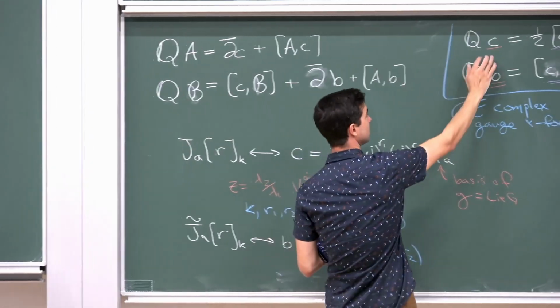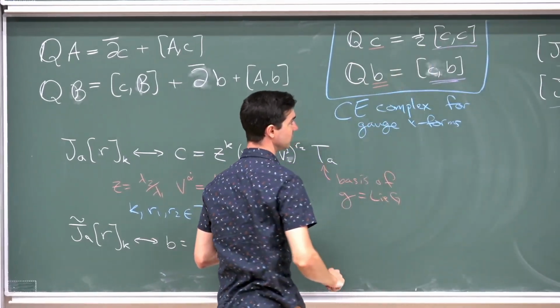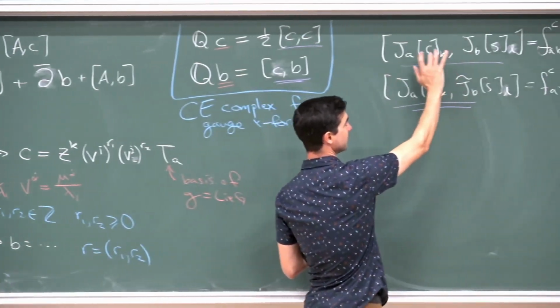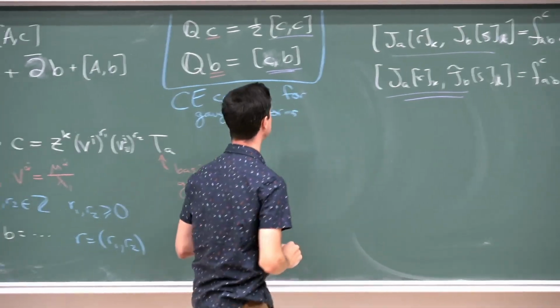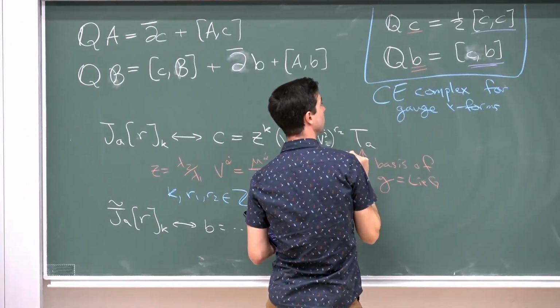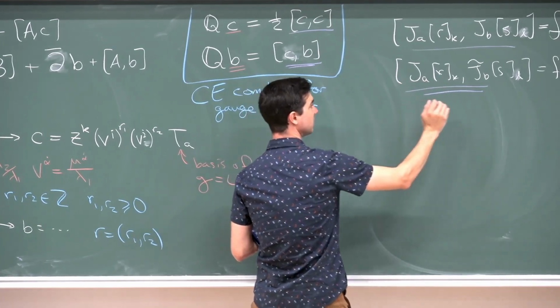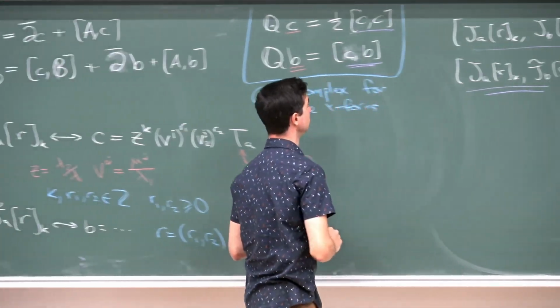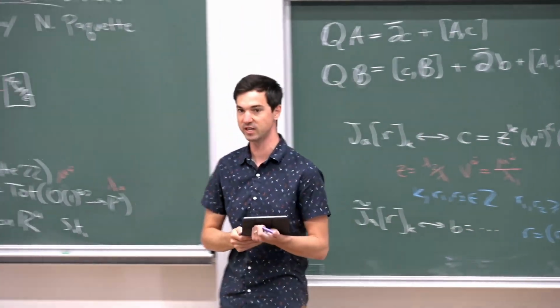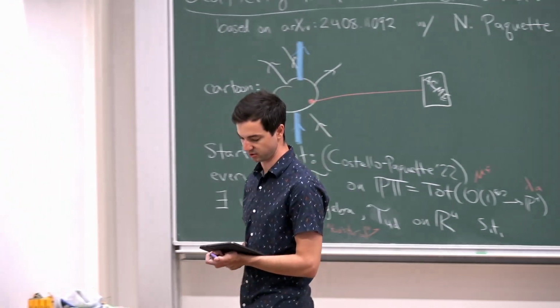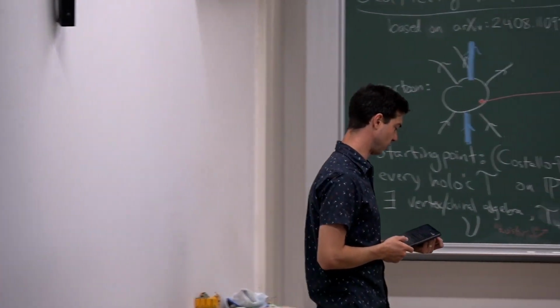So the fact that C transforms into the bracket of two C's is precisely a statement that two J's bracket to a J, and the fact that B transforms to a bracket of C and B says a J and a J tilde give me a J tilde. The fact that I don't have a B commutator anywhere says that J tilde and J tilde have a trivial bracket with one another.